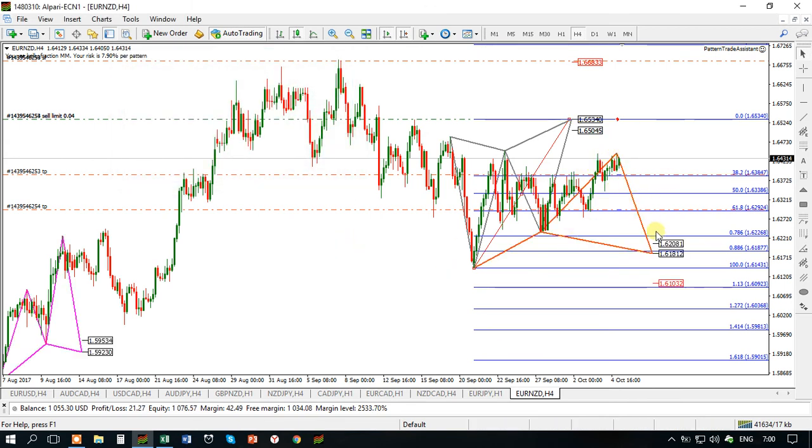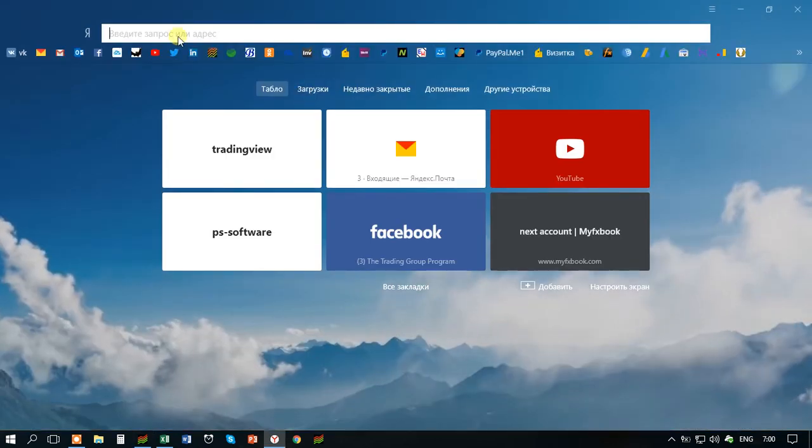A potential Gartley pattern, I didn't notice that. Perfect. Sometimes it's good to have an automatic scanner. What if price goes lower? Euro New Zealand 4 hour. Let me go back to that. I never thought of that being a Gartley. Euro New Zealand 4 hour.